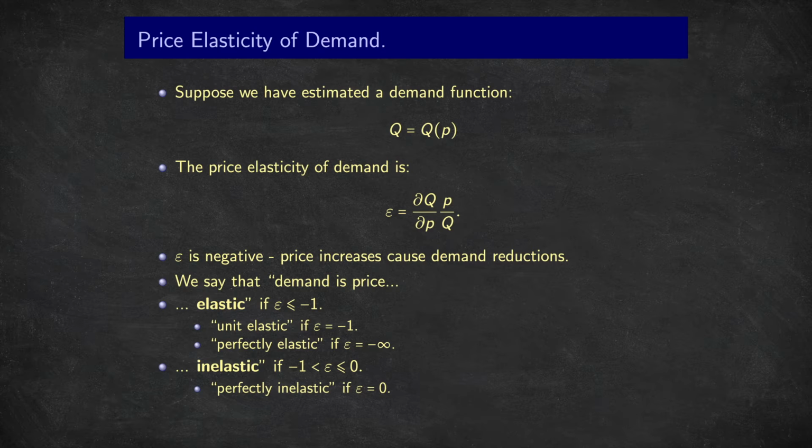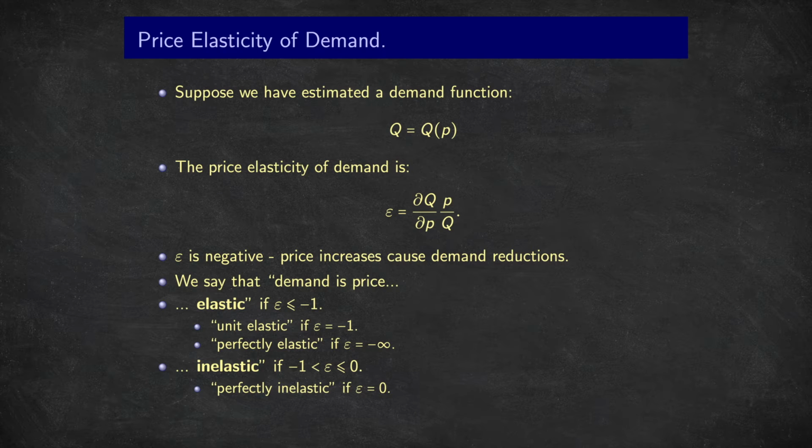So let's suppose we have a demand function. Q is a function of price or possibly other variables. The price elasticity of demand is, and we'll denote this epsilon, essentially the point elasticity of demand with respect to price. So the partial derivative of demand with respect to price multiplied by this ratio, price divided by quantity demanded.